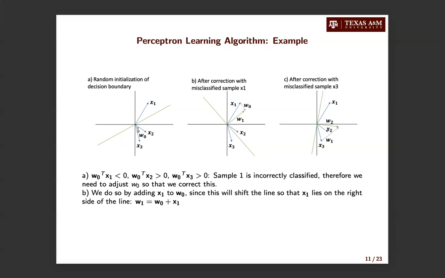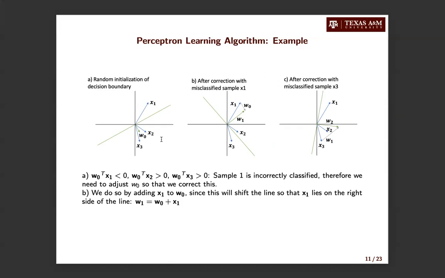Specifically, since W0 is pointed towards the right side of the line, we know that vectors W0, X2, and X3 are in the same direction. Therefore, X2 and X3 are correctly classified, while sample x1 is incorrectly classified.